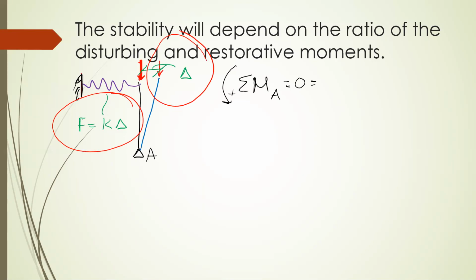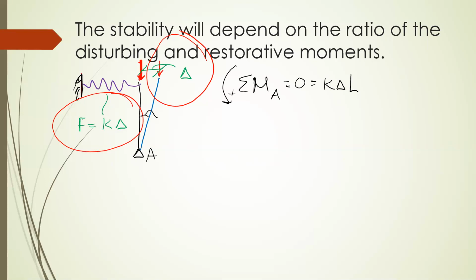And the spring, the restoring moment, is the spring constant K times delta to give us the force. That force is going to be acting to the left. It's going to be trying to pull that spring back to its initial position. So that force gives us a positive moment, and it needs to be multiplied by the length L.